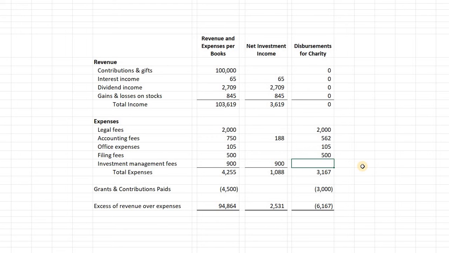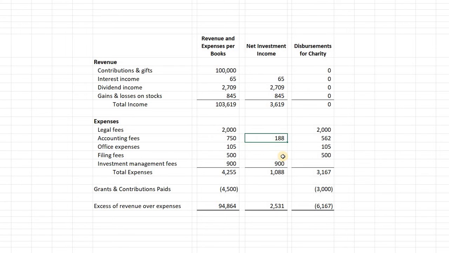And that's really common, right? That's often what you see because it would be a real stretch to argue that, well, we're paying this portfolio manager to manage the investment assets, and yeah, we could argue that maybe a portion of it is related to charitable purposes. It's just not, right? It's very clearly only related to the net investment income piece, and so that's why all 900 is being allocated to net investment income.